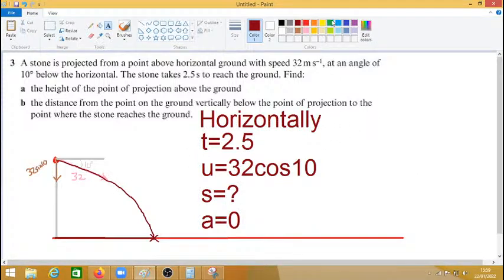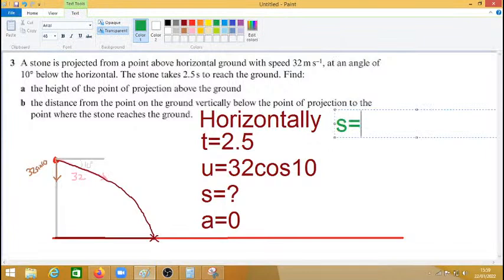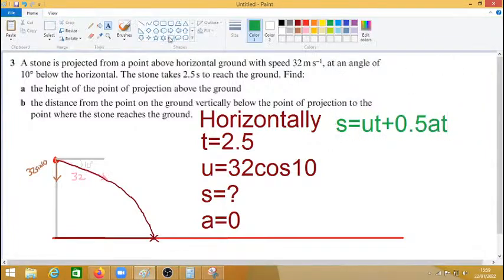Formula is the common one we've used so far, s equals ut plus half at squared. Make sure you got the squared in. Okay, we don't know what s is, that's fine. We do know what u is, we know what t is. A is 0, so that means that's going to cancel.